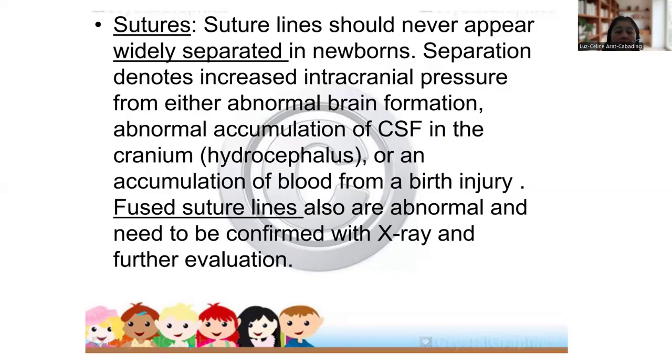Now, a separation of those suture lines means the pressure inside the skull is increased, probably due to some abnormality such as accumulation of cerebrospinal fluid. We call that hydrocephalus. So the suture lines will start to extend and the head gets bigger. On the other hand, when suture lines are already fused upon birth, this is abnormal, because that means there's no room for the brain to expand and develop.